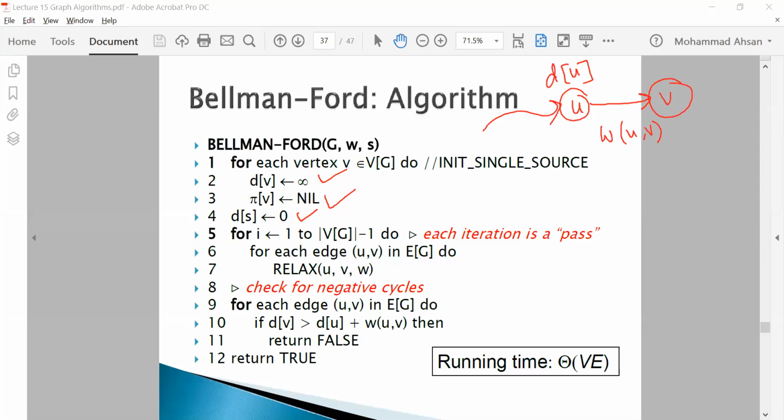Relax does this: if the distance of v is greater than the distance of u plus the weight of the edge u to v, which means v already had some distance associated with it, dv, maybe through some other path, through some other node. Let's say it was not infinity, it was some value that is stored there.